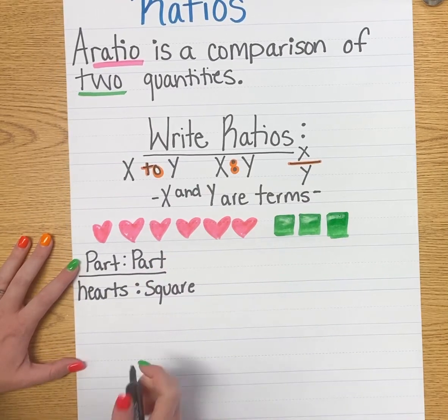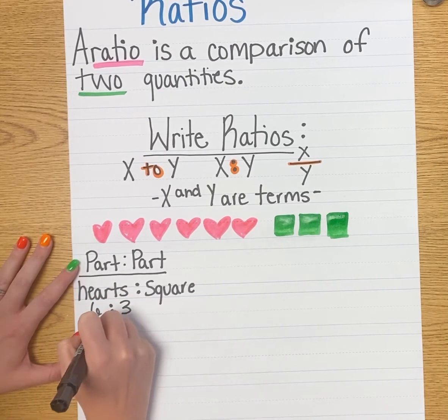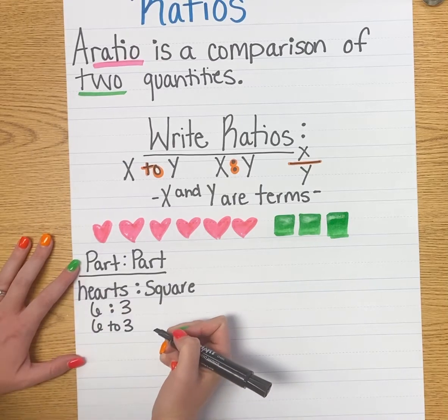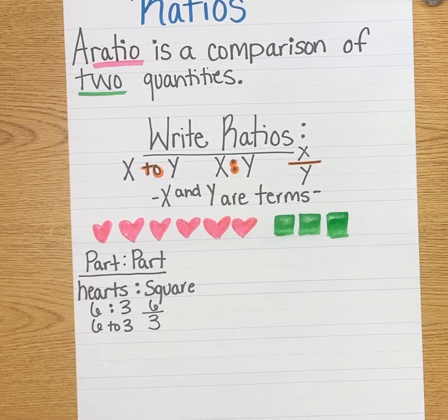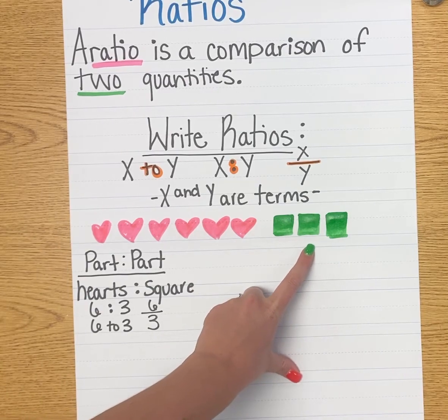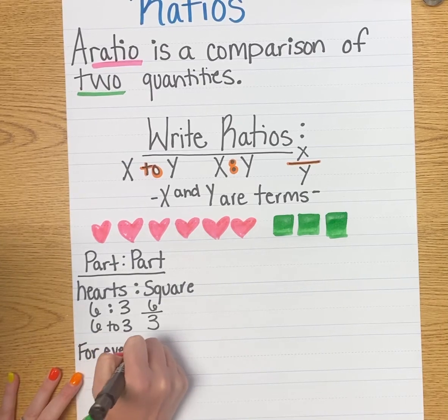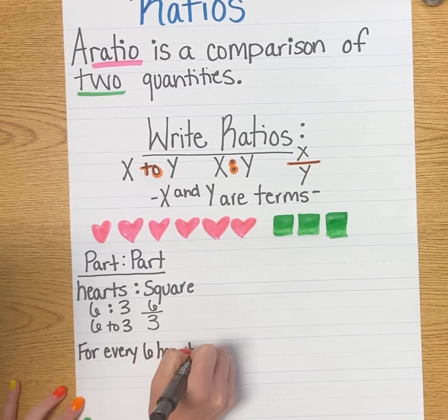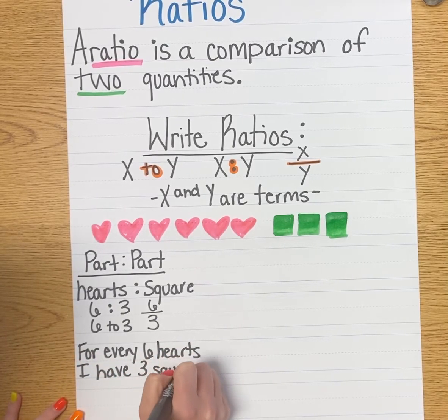So I could write that 6 to 3, or 6 over 3. Okay, but either way, what this is saying is for every 6 hearts, I have 3 squares.